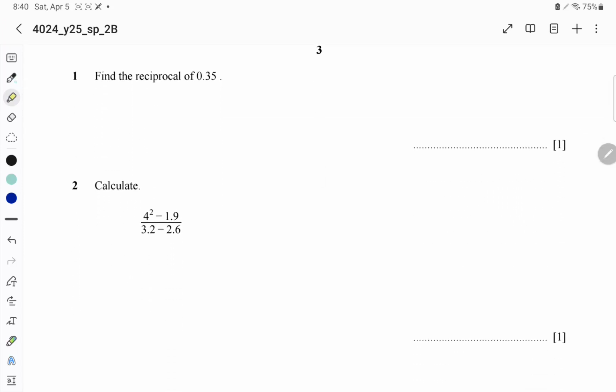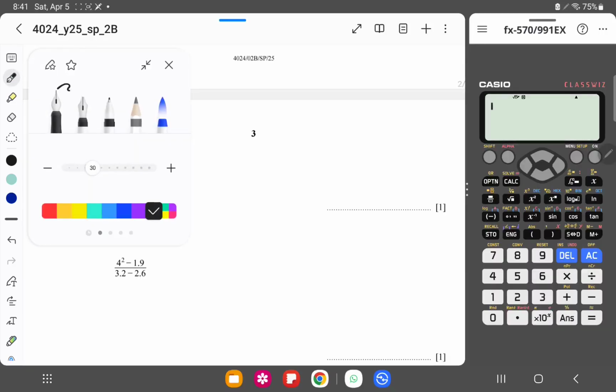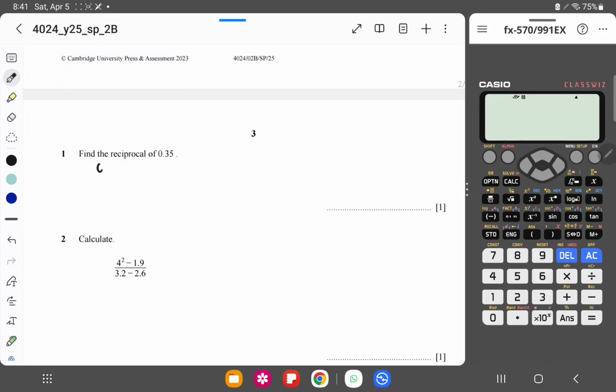Start question number 1. The reciprocal of 0.35, and reciprocal means you are going to swap the numerator and denominator. Let's find out the numerator and denominator. This is 0.35, which means 0.35 upon 1.